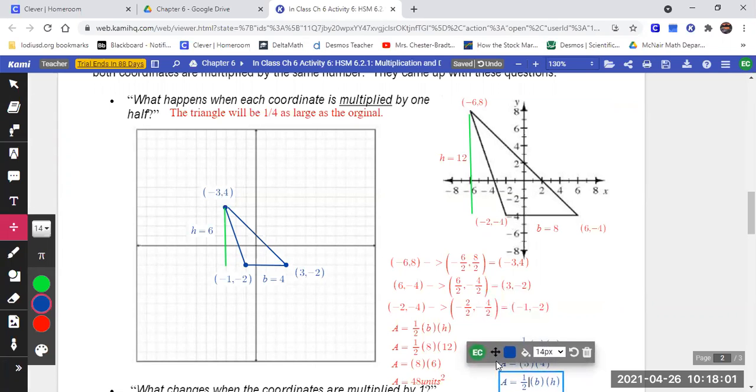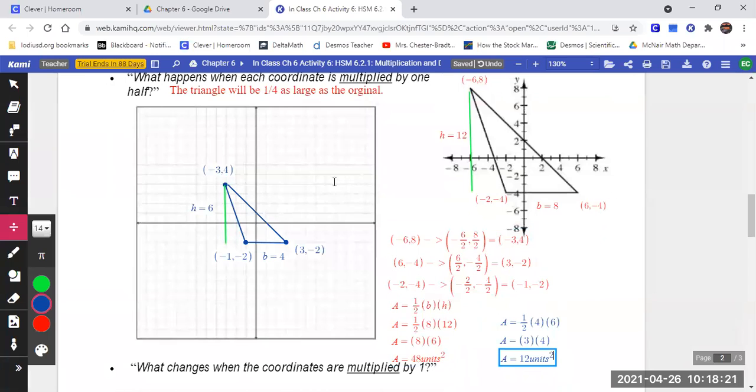Okay. Is 12 units squared 1/4 the size? Can you multiply 12 times 4 to get 48 is the question. Okay, so we proved that it's 1/4 as big with our formulas.